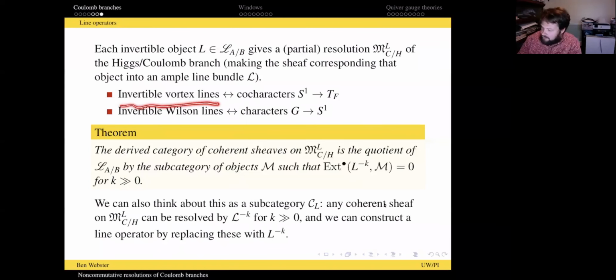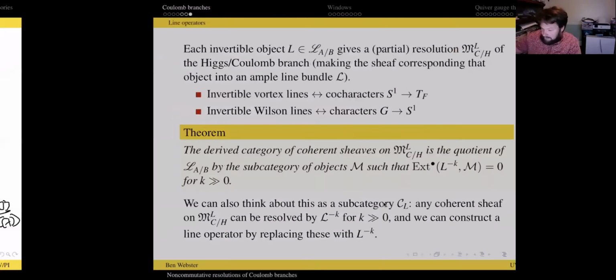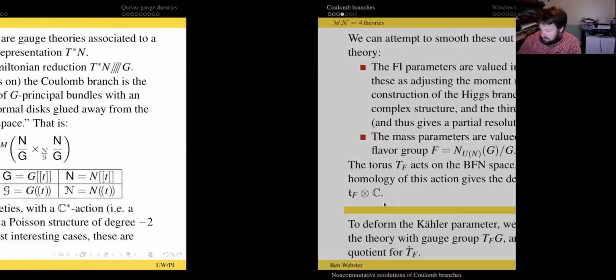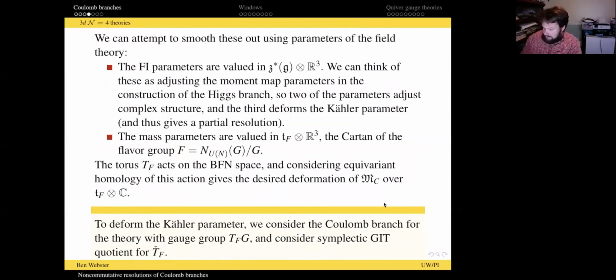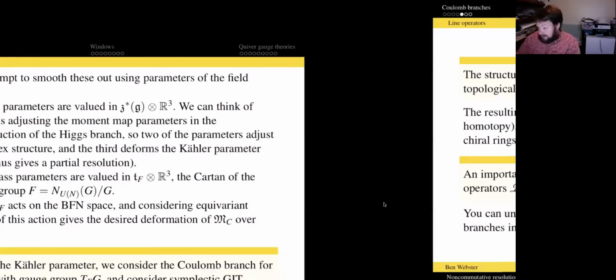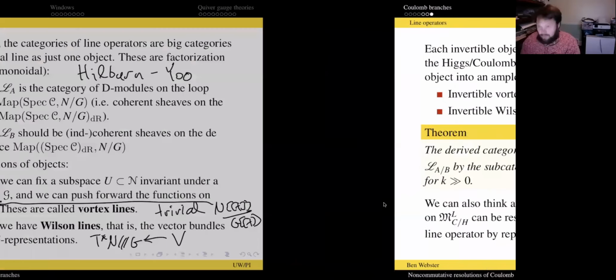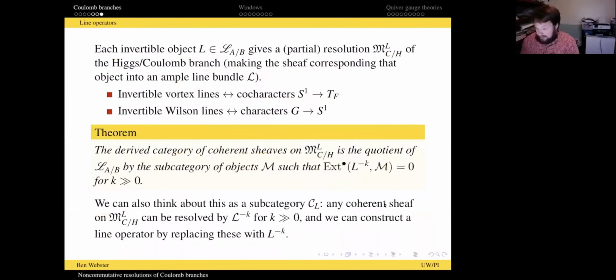So invertible vortex lines correspond to co-characters into this flavor torus. So we said before that we could get a resolution by varying our mass parameters. And that's actually just another way of saying that we take the vortex line corresponding to a co-character, and we do this general construction of making a partial resolution with it.